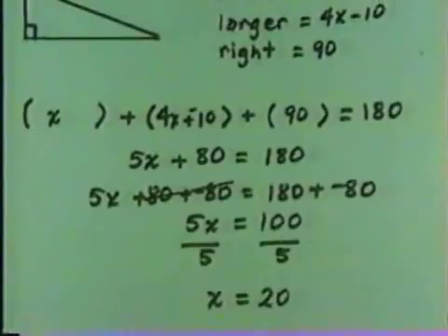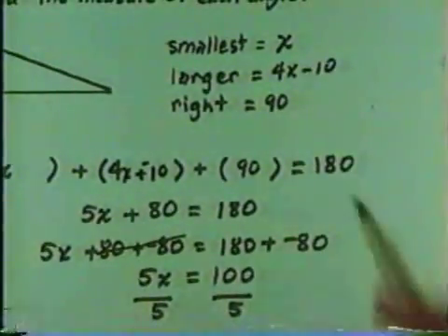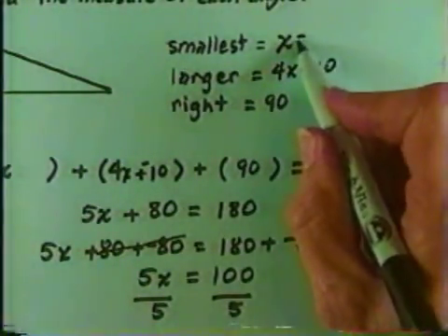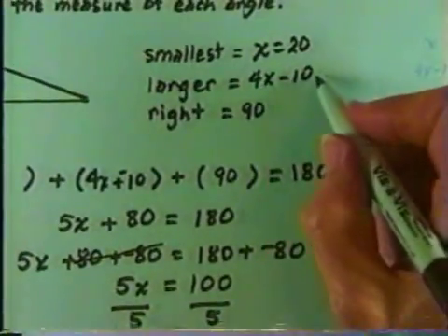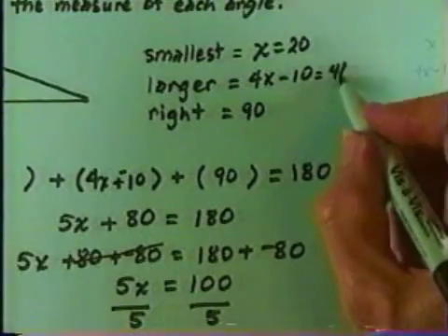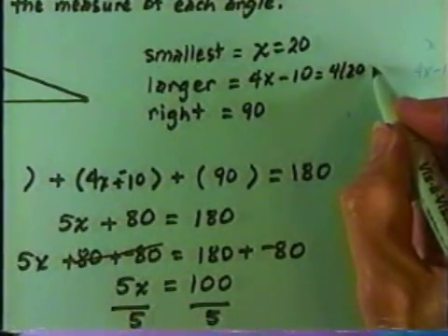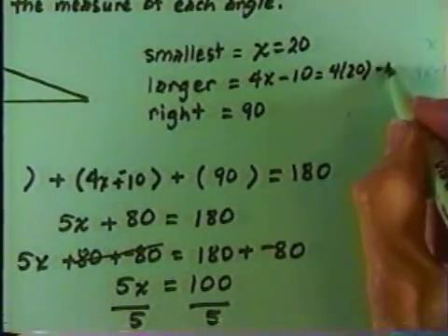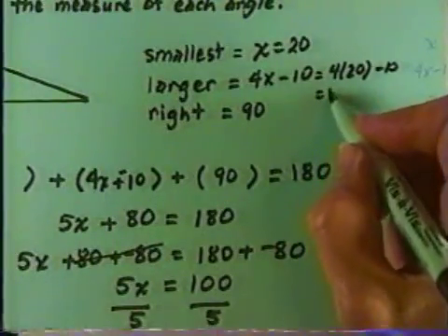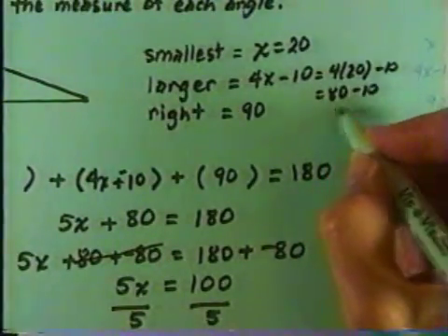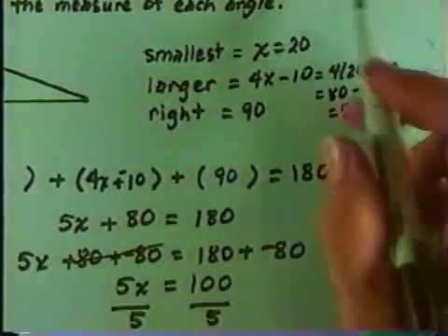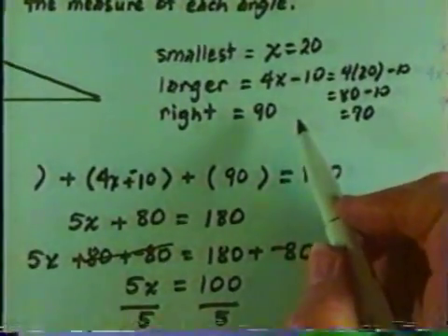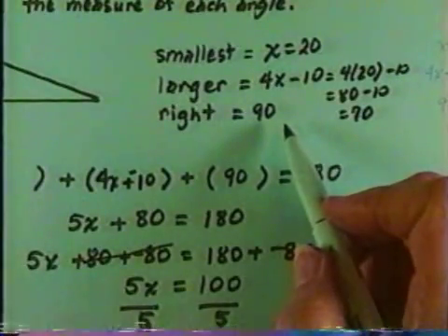Well, then let's fill in the 20 in place of x. So the smallest is 20. The larger is 4 times 20, which is 80. Subtract 10, which is 70. And the right is, of course, 90. That's the one we can count on.